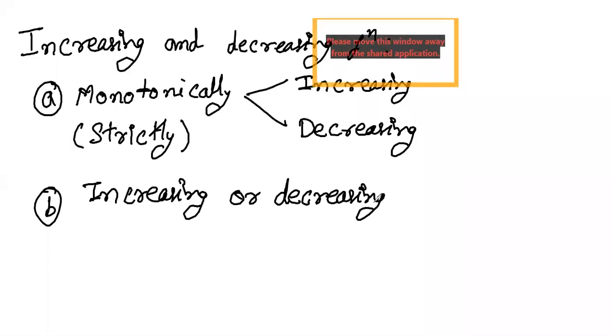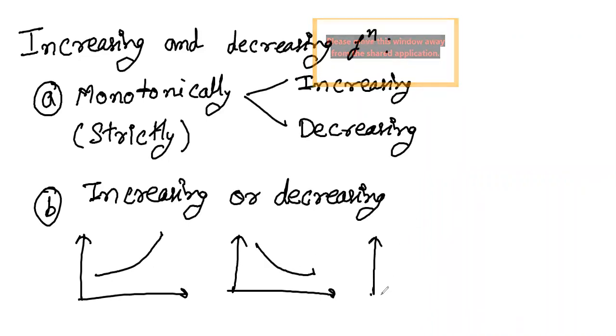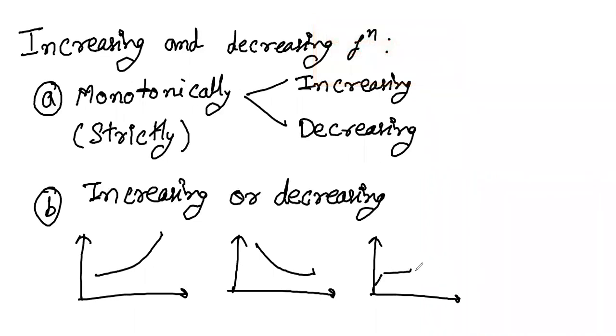So if I have a function, one pattern is this, second pattern is this, third pattern is this, and fourth pattern is this.